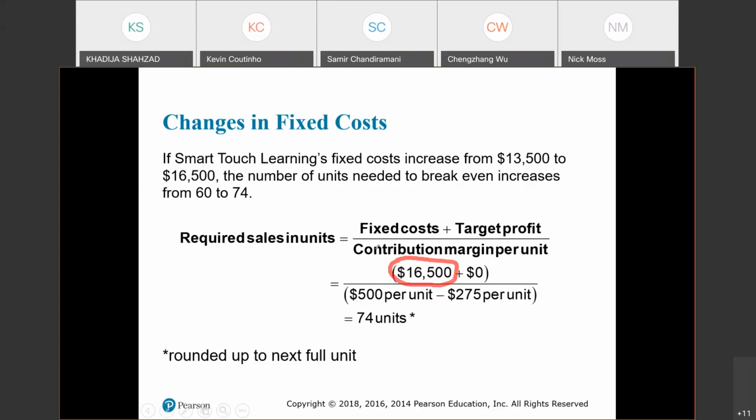We know the fixed cost increases while the selling price and the variable cost remain the same. Because of the increase in the fixed cost, the result also increases from the original 60 units to 74 units.